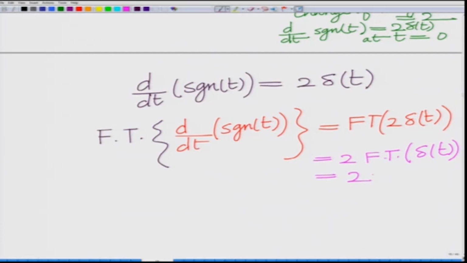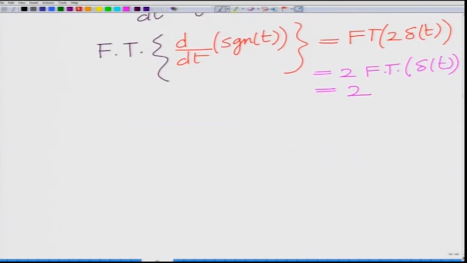So, right, the Fourier transform of delta t is simply 1 over the entire frequency domain. However, we also have a result which states that the Fourier transform of the derivative of a function, consider this the derivative property of the Fourier transform.